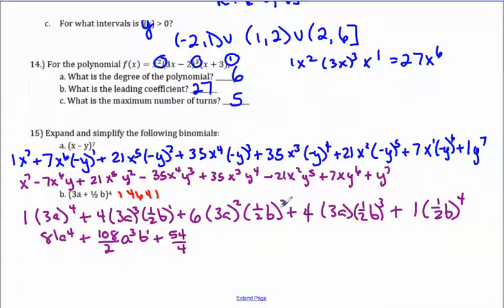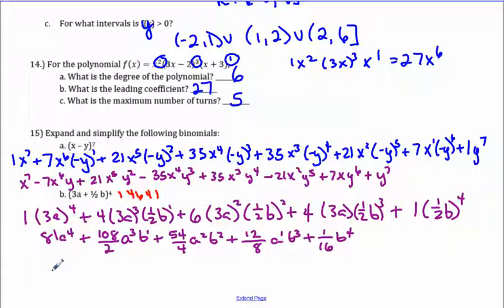The a is squared and the b is squared. All right, 4 times 3 is 12. And 1/2 to the 3rd is 1/2 times 1/2 times 1/2, that's 1/8. A to the 1st and b to the 3rd. And then this is 1/2 to the 4th, which is 1/16. B to the 4th.